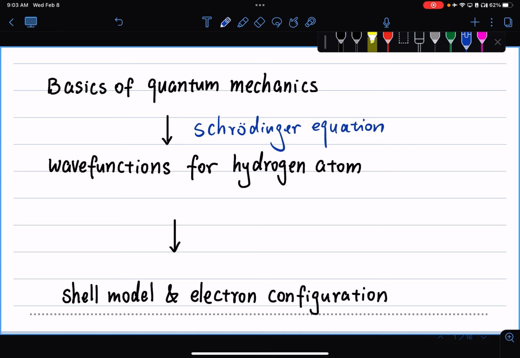By solving the Schrödinger equation, we get the wave function for hydrogen-like atoms, or one-electron atoms. These one-electron wave functions are equivalent to atomic orbitals.